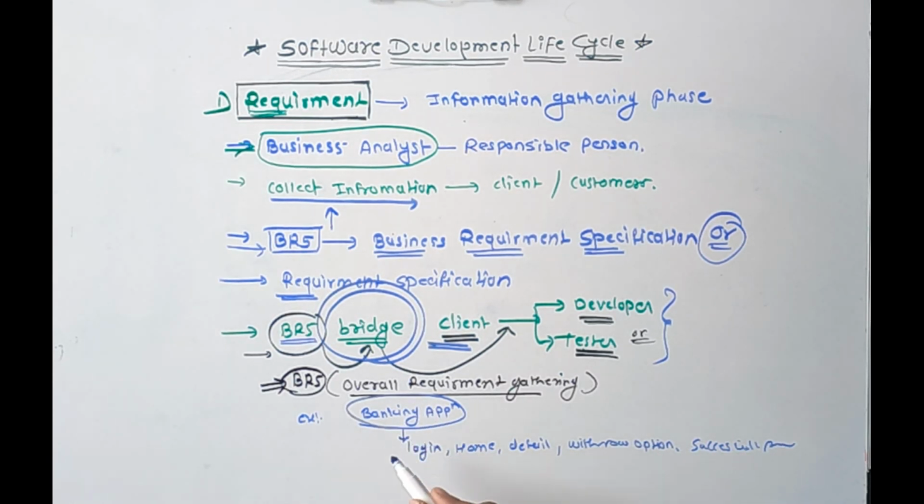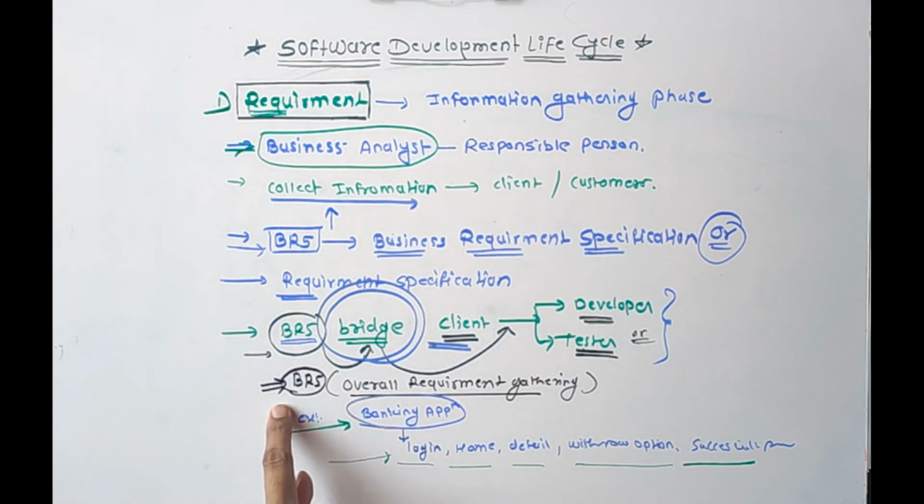This is the overall requirement collected from the client. The client gives us an overall idea that he wants a banking application with a login page, home page, details page, option page, and then a successful page. That document we call the BRS document, the overall requirement gathering inside the BRS document.